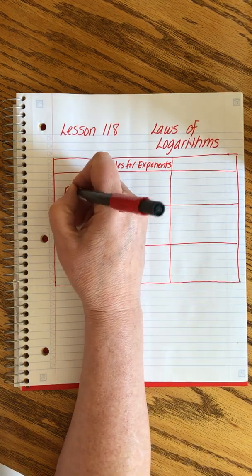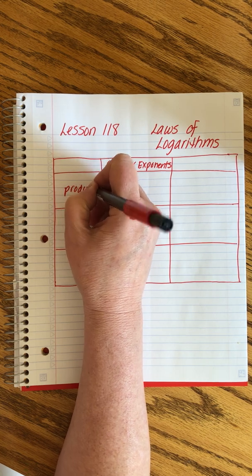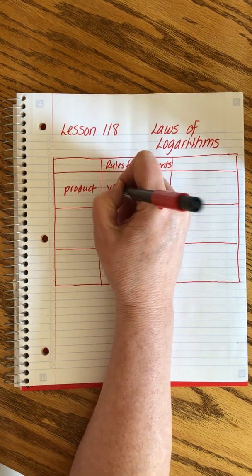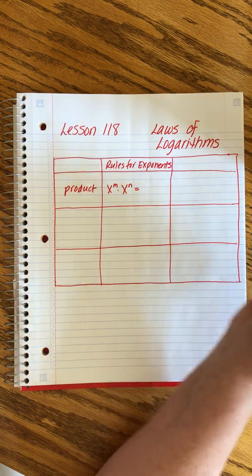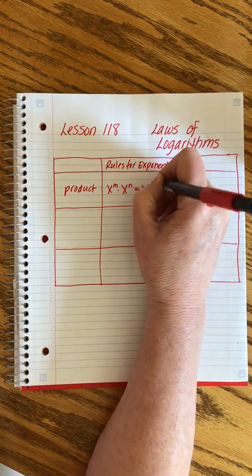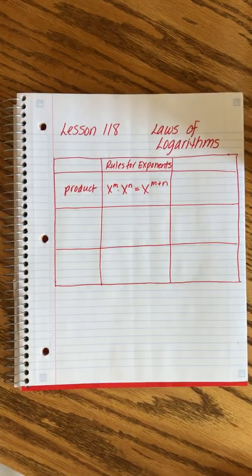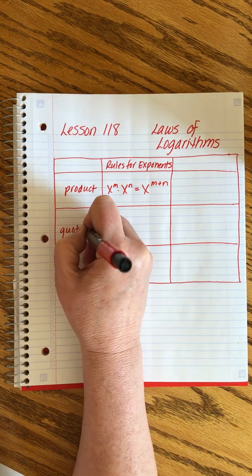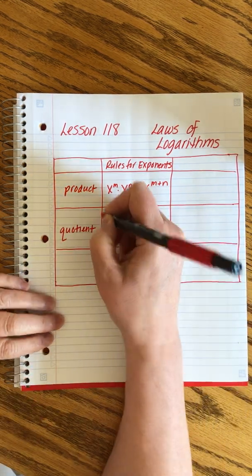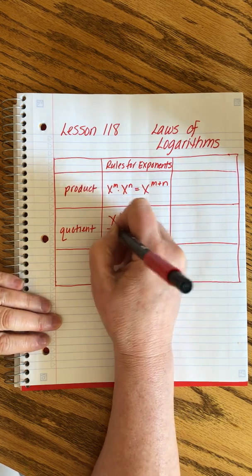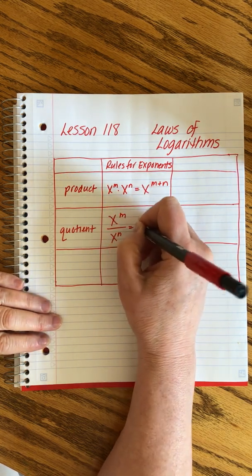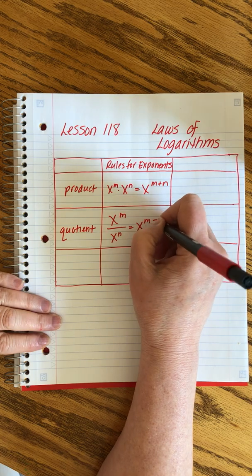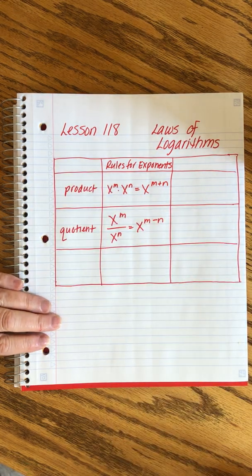We have a product rule, and that one tells us that if we're multiplying 2 matching bases that have exponents, we can add those exponents. We have something called the quotient rule. I like to call it the quotient rule, but that's not how you really say it. And that tells us if we're dividing, we can subtract the exponents.